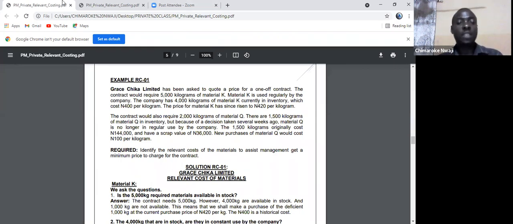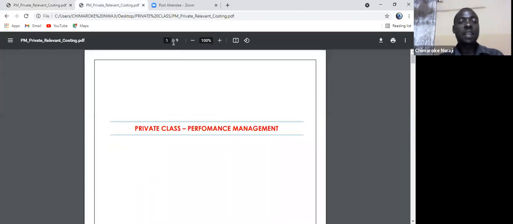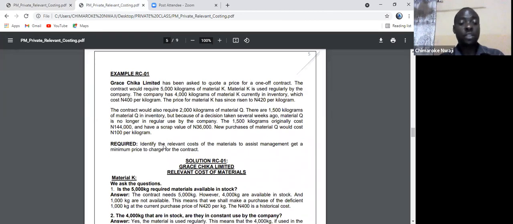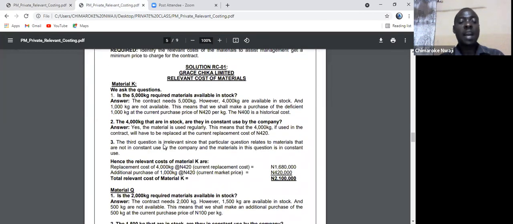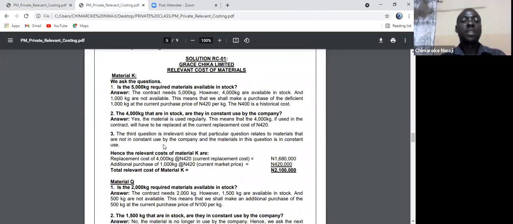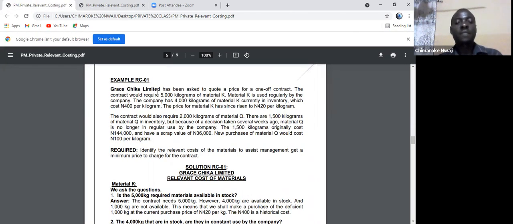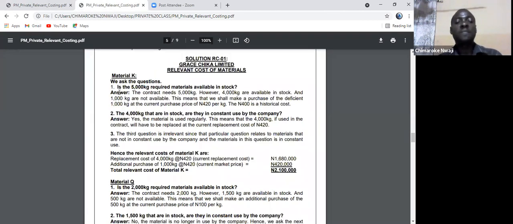Okay, so let's look at the solution here. We'll be asking ourselves those three questions, and our answers will determine which is the relevant cost. Because the contract will require 5,000 kilograms of material K, our first question is, is the 5,000 kilogram required material available in stock?